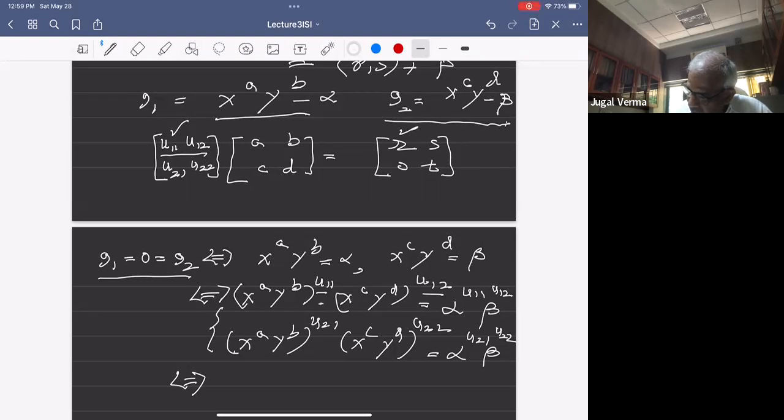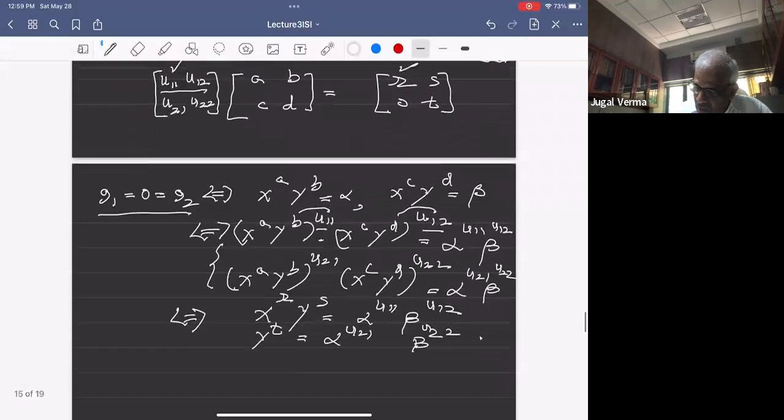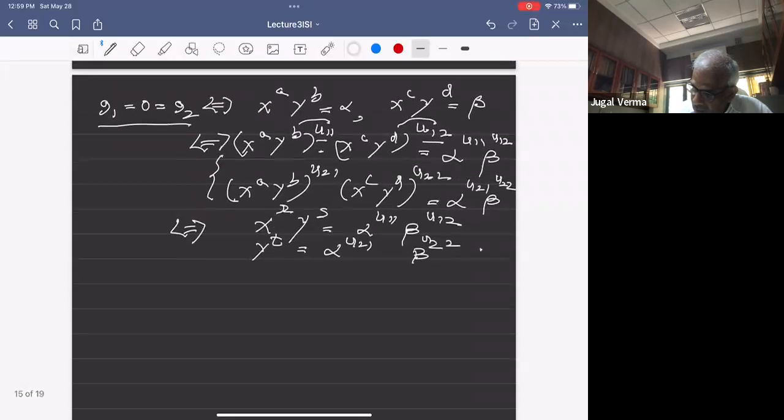I get A U11 plus C U12, which is equal to R, and then B U11 plus D U12, which is equal to S. So I get X^R Y^S equal to alpha^U11 beta^U12. And the second equation gives me Y^T equal to alpha^U21 beta^U22. So you see, G1 equal to G2 equal to 0 has been simplified to these two equations.